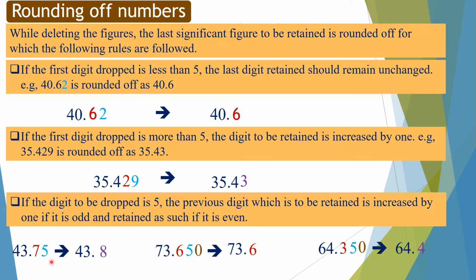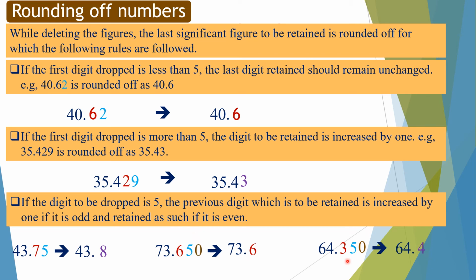So we add 1 to the retained digit. In 64.350 the dropping digit is 5 and the retained digit is 3. Because 3 is an odd number, it is increased by 1 and we get 64.4.